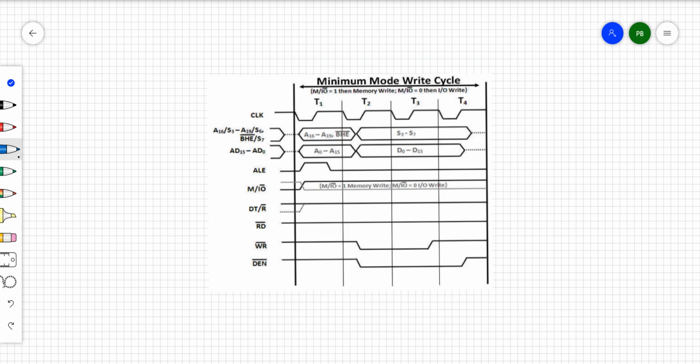In this class we will see the minimum mode timing diagram of the 8086 microprocessor.